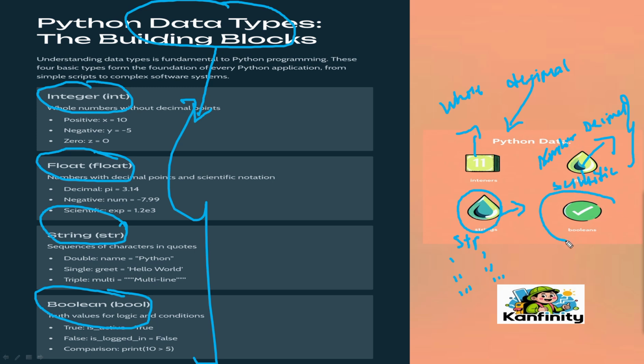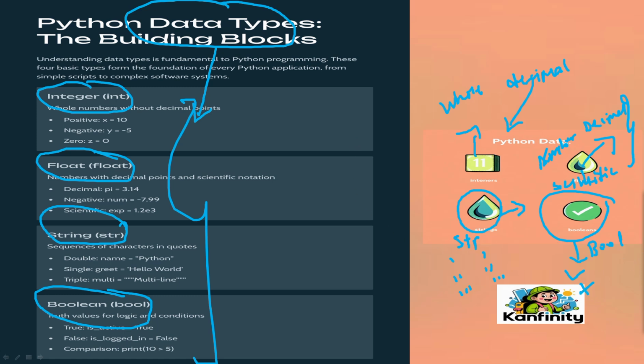Then the final one is boolean, which we represent as bool, that is whether the statement values are true. Here, by using the boolean data type, we are going to find whether a statement is true or false. We had already discussed this.